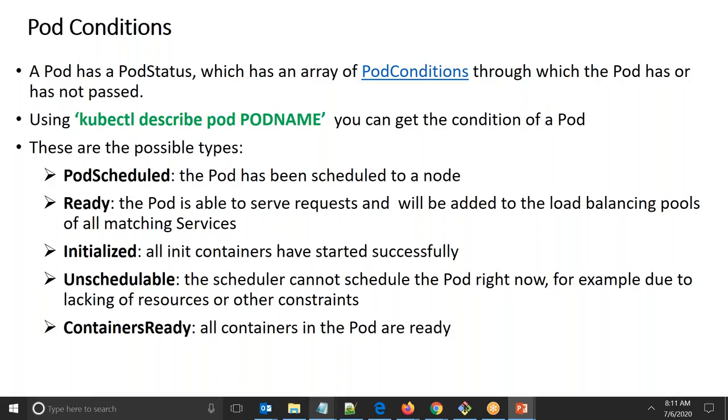Okay, but if it says unschedulable, that means there are some constraints where the Kubernetes master is not able to find a machine matching your resources in the manifest. And containers ready means all your main containers are ready to run. Okay, that means they have successfully created the main container. That is what we call containers ready.